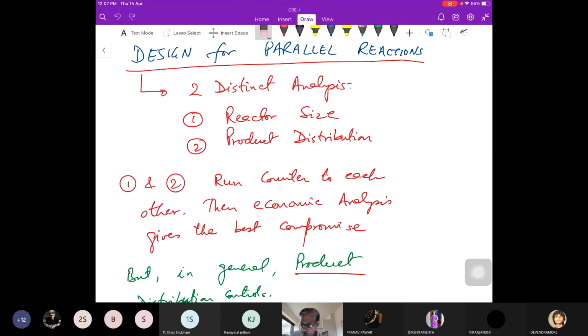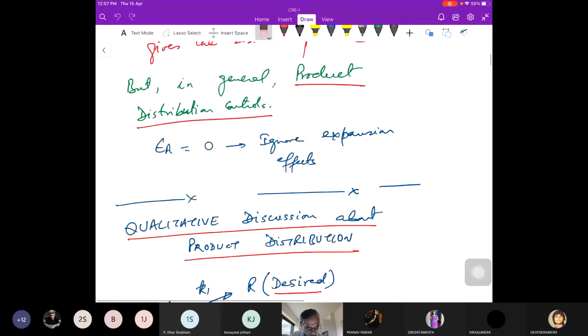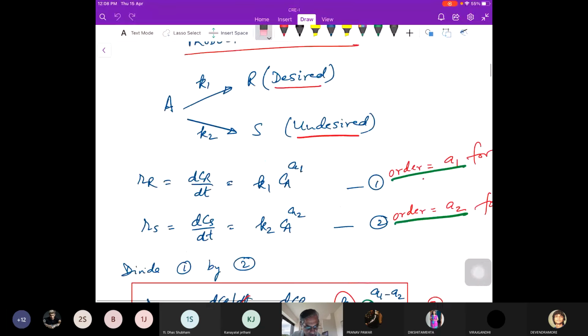Size of the reactor we have already seen in Unit 3. So we are going to focus on product distribution, how to get the desired product. Right? So we talked about parallel reactions.